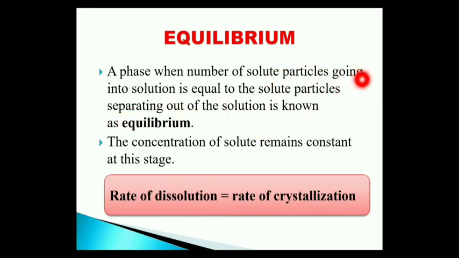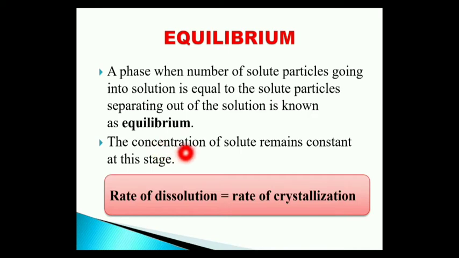That is, the number of solute particles dissolving in the solution, the dissolution process, is equal to the number of solute particles separating from the solution, which is the crystallization process. That phase is known as equilibrium. So the solute particles going into the solution are equal to the solute particles separating out of the solution. It is known as equilibrium.